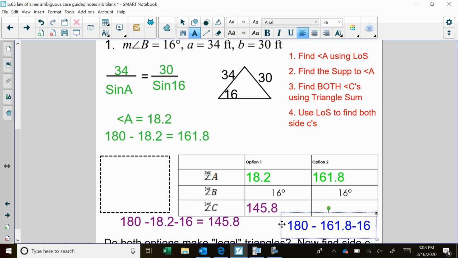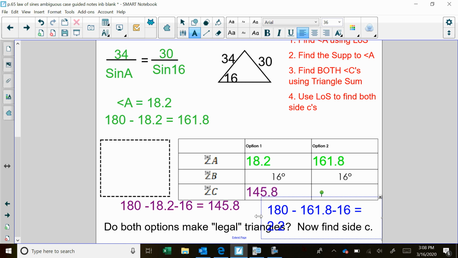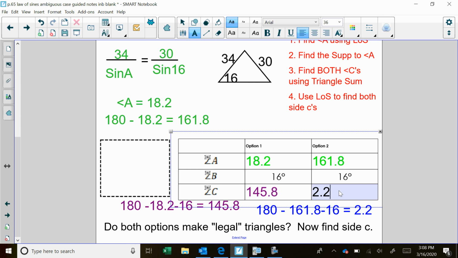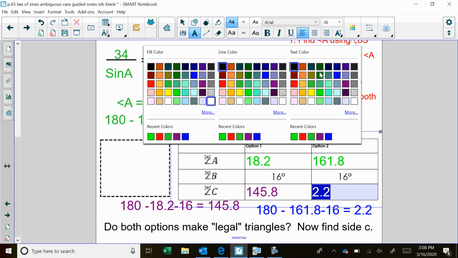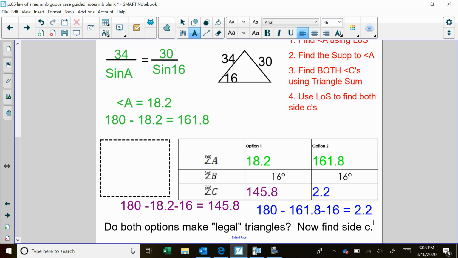We'll see what that gives us. If it gives us a positive value, then we have a second triangle. 180 minus 161.8 minus 16 is 2.2. So it's a very small angle, but it does exist. So we'll come in here, 2.2. We'll give it a color of blue to give you an idea where that calculation came from.